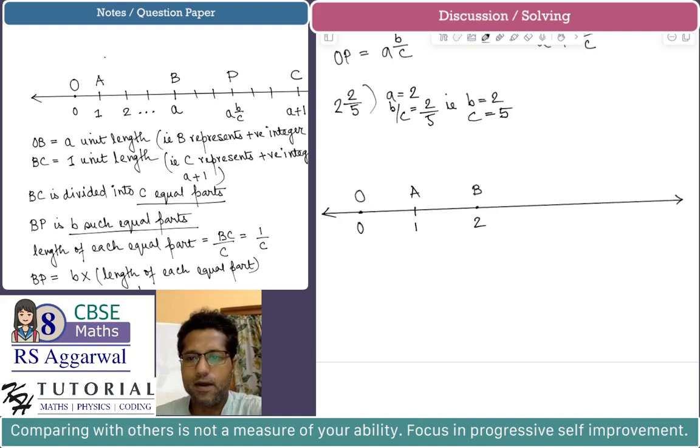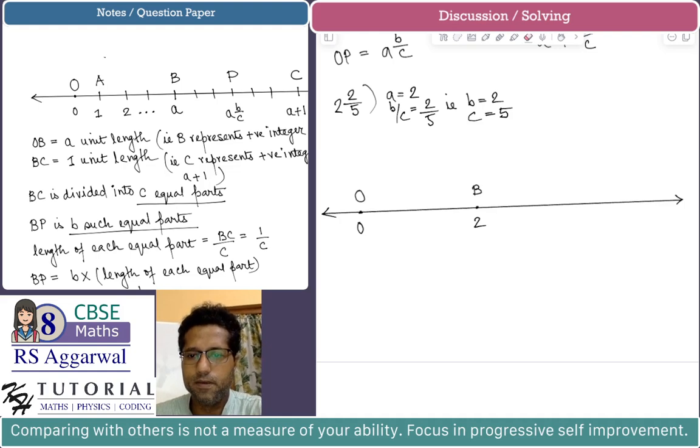Now I will take a point E to the right-hand side of B at a unit distance from B. The distance between B and E is very small, so it will be difficult to draw. So let's make the unit distance a bit wider.